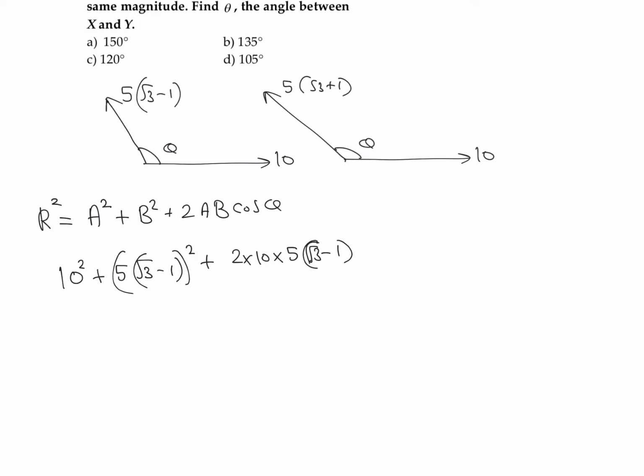It is equal to the same thing on the right side: the square of 5 is 5 square, and the remaining thing is root 3 plus 1 the whole square, plus 2 into 10, which again is 2 into 2 into 5 into 5, so 5 square into root 3 plus 1 into cos theta.